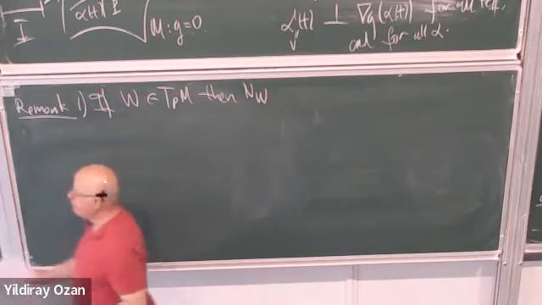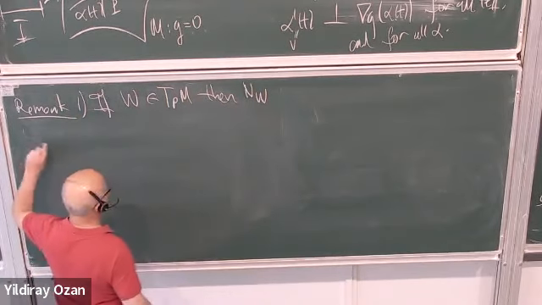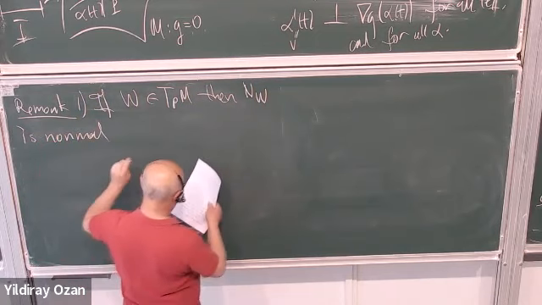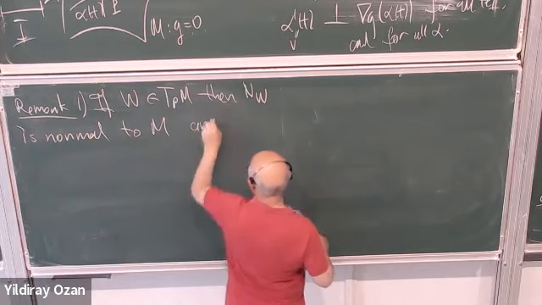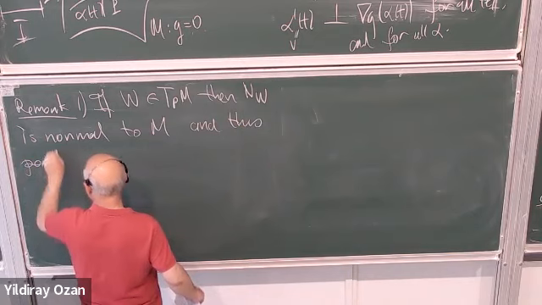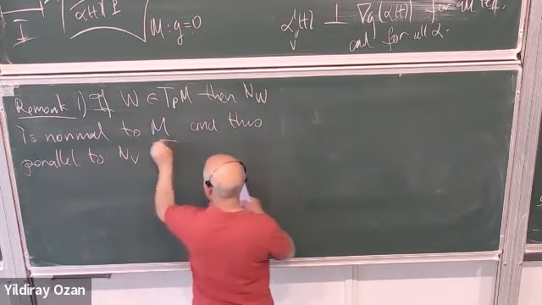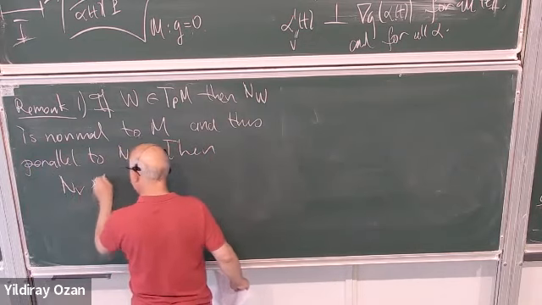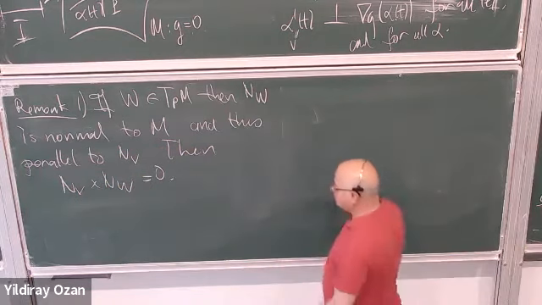I can choose another vector, NW. This is normal to the surface. We just saw that, normal to M, and thus parallel to NV. Hence, NV cross NW is 0, right?